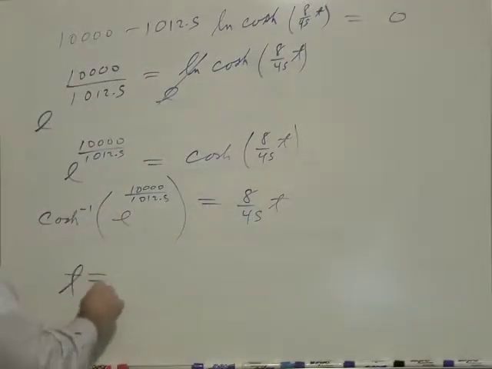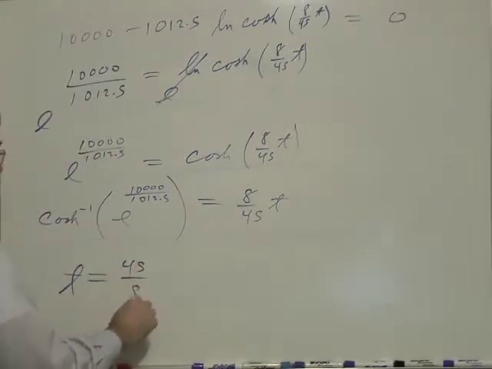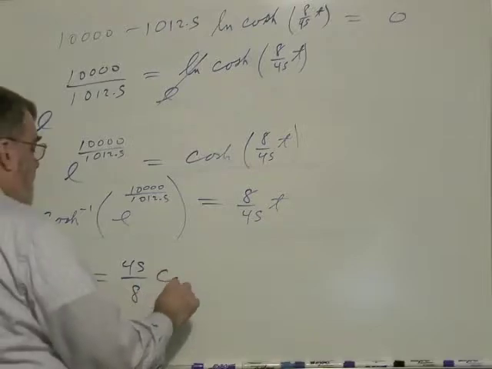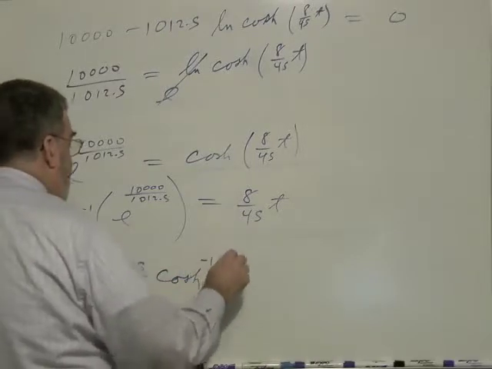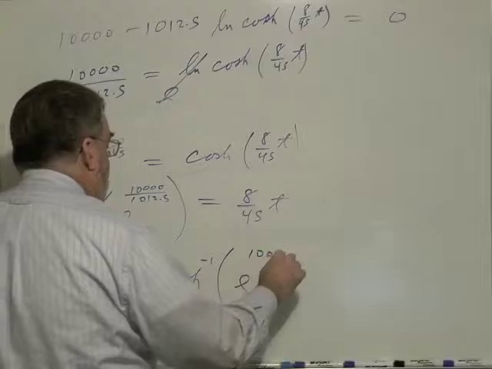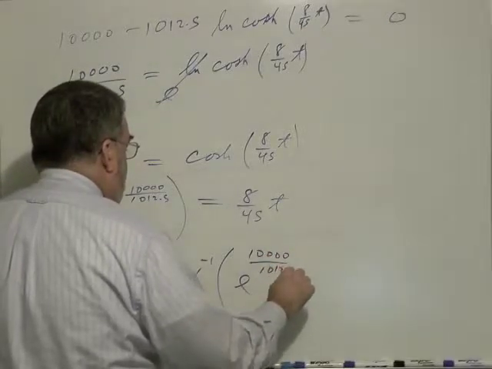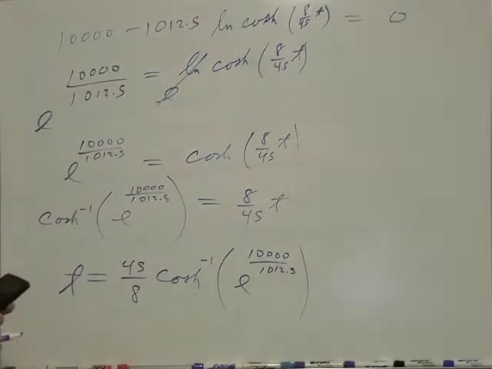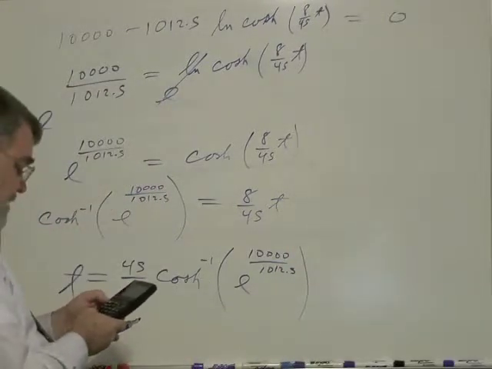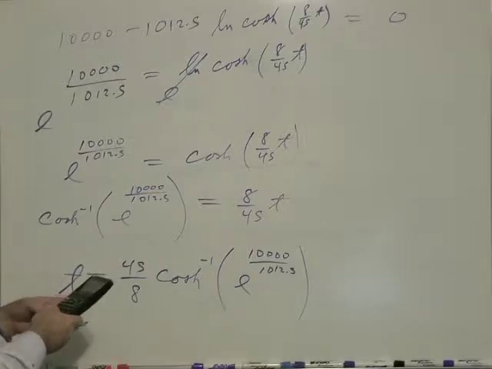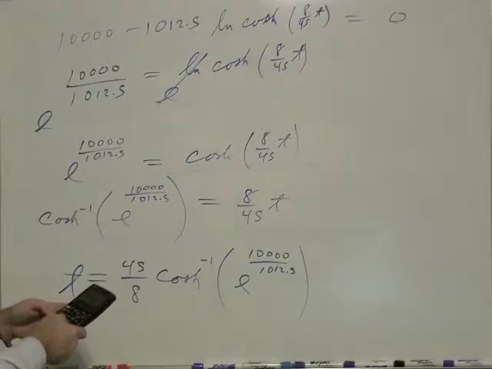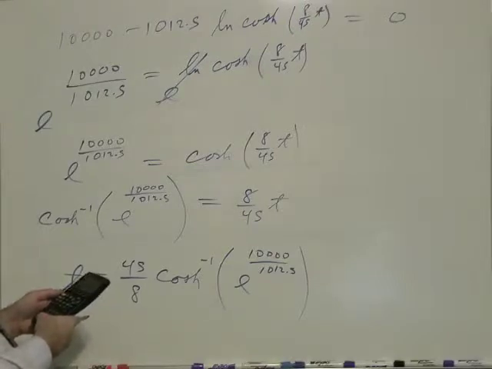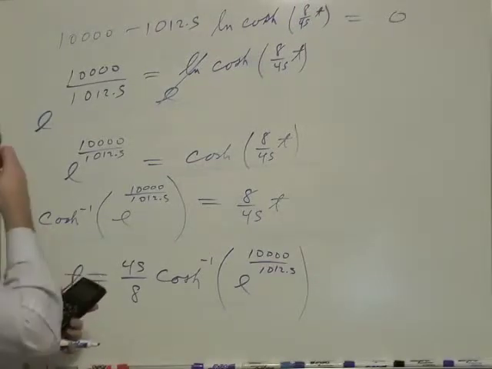So the time it takes to hit the ground from 10,000 feet with these assumptions is 45/8 inverse cosh of e to the 10,000 over 1012.5. All right, so let's see. First of all, e to the 10,000 divided by 1012.5 is approximately 19,468.